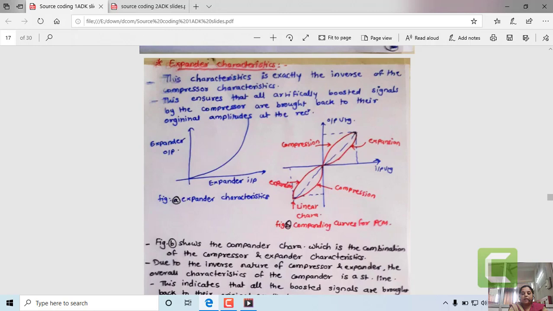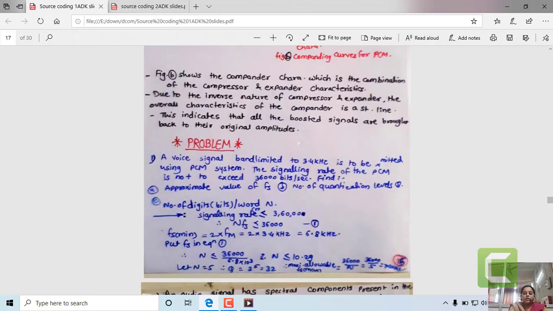Finally, we can comment that even though the compression and expansion processes have increasing or decreasing exponential-like characteristics, the characteristic for the companding will be a straight line. After this, we will go through two numericals based on the PCM process.